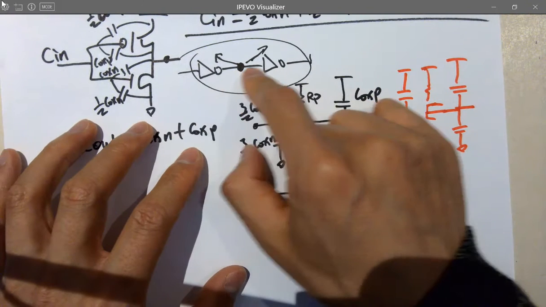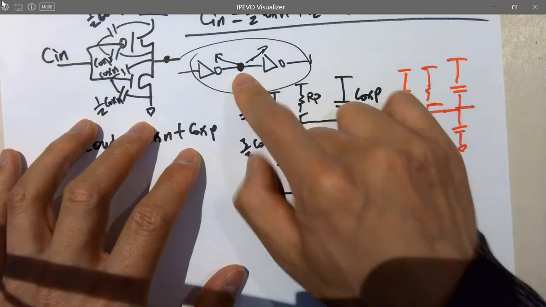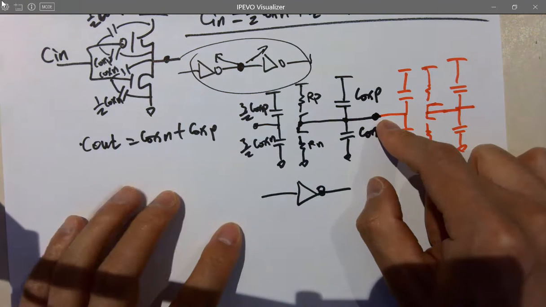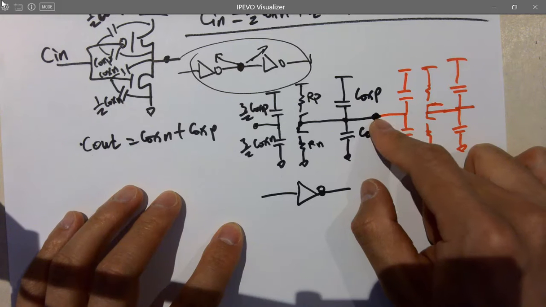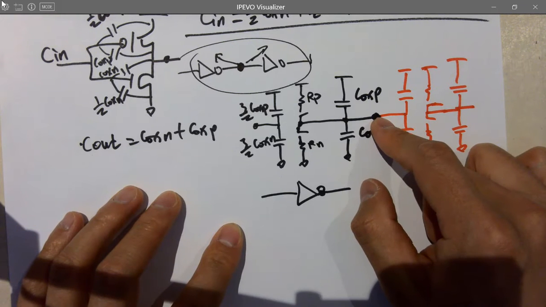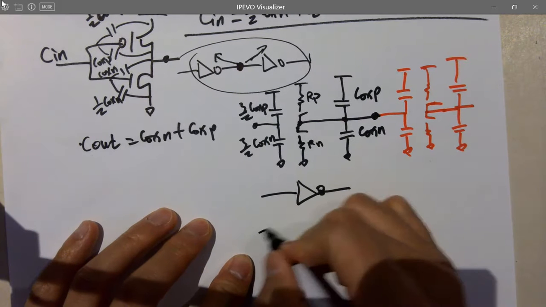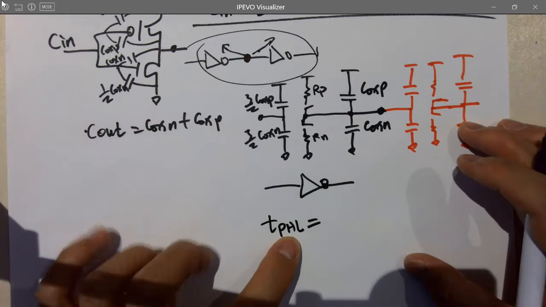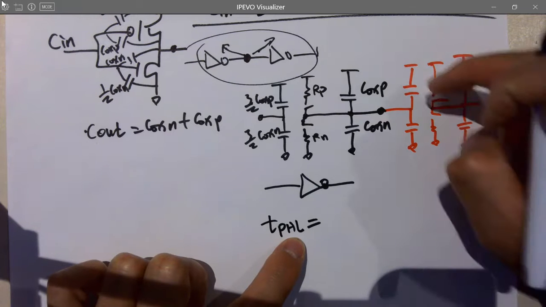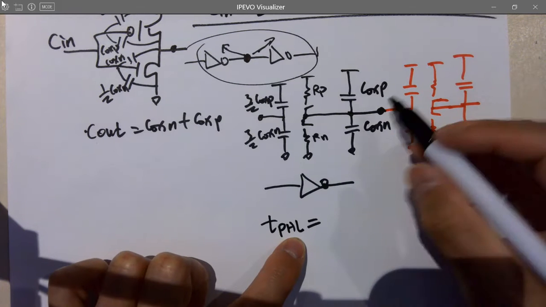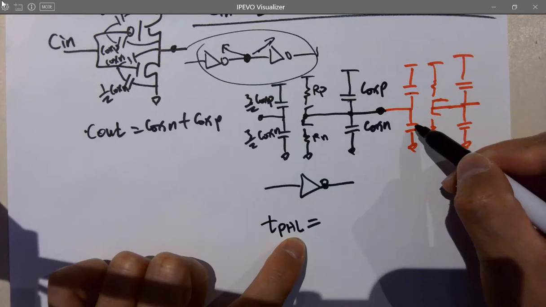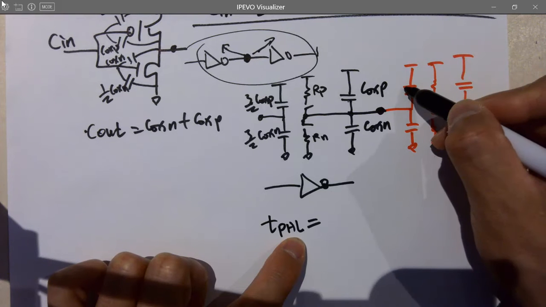When we're looking at one of the nodes over here, we have to calculate its time delay. So what are the caps and resistors involved? First, what is tPHL, from high to low? One, two, three, four caps. So what are they? What is this one?